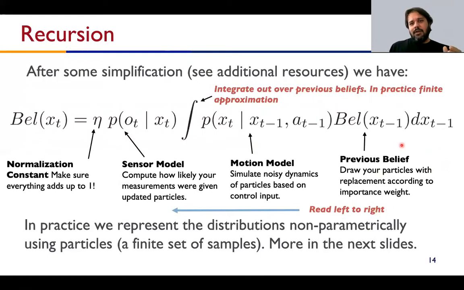We begin by stating that we have a previous estimate of where we think we are in the world, and that's called your previous belief, and sometimes it's simply called a prior. So you have a prior on where you were in the world or in the map, and one can ask, where does this come from? The very first prior might have to be provided by the user.